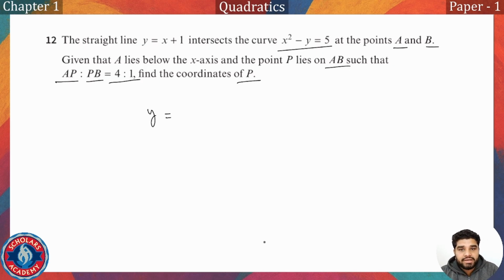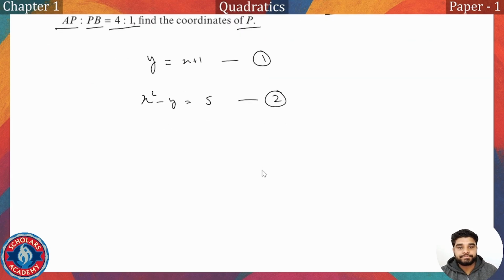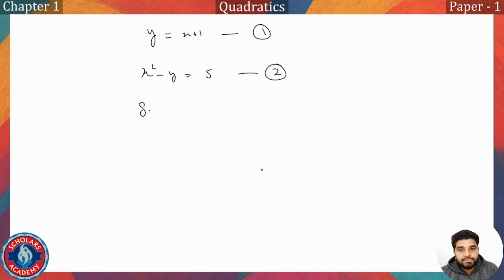Equation number 1, y is equal to x plus 1, and equation number 2, x square minus y is equal to 5. So substituting equation number 1 in equation number 2, we get x square minus x plus 1 is equal to 5, right?